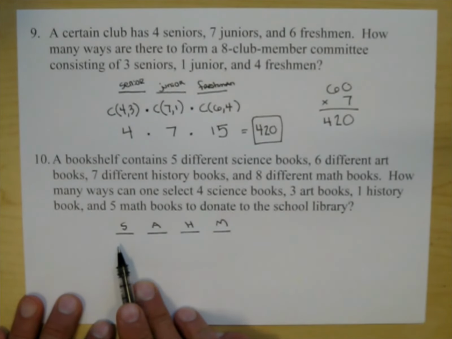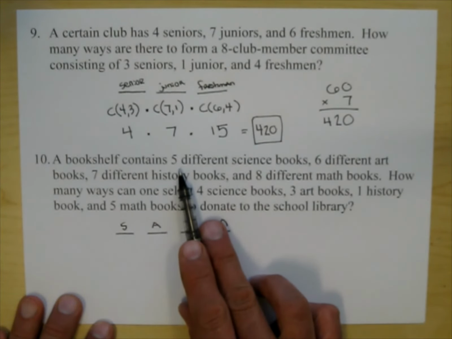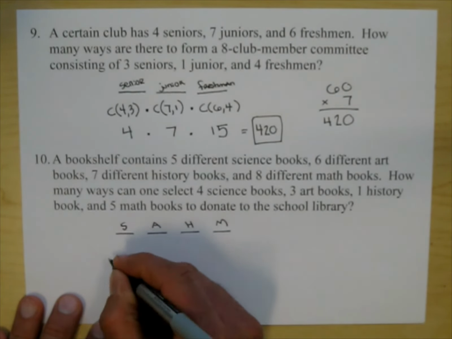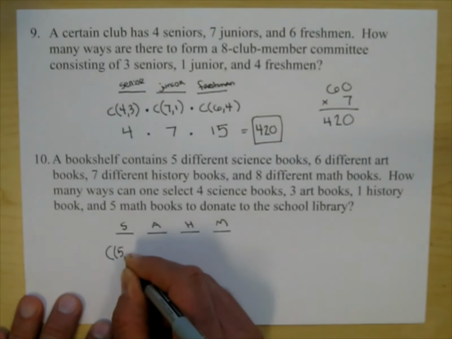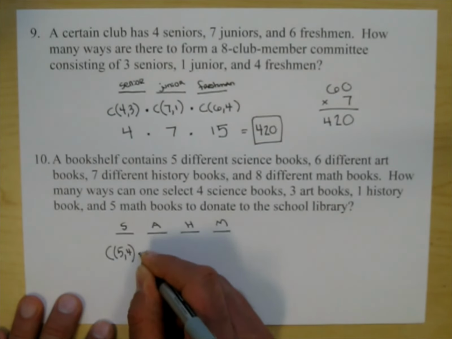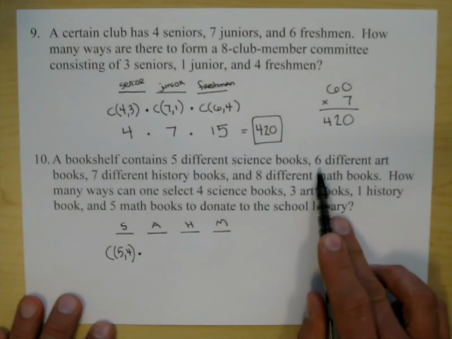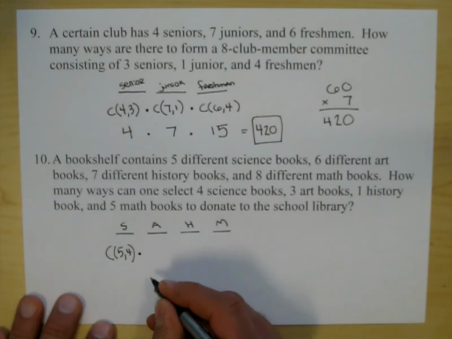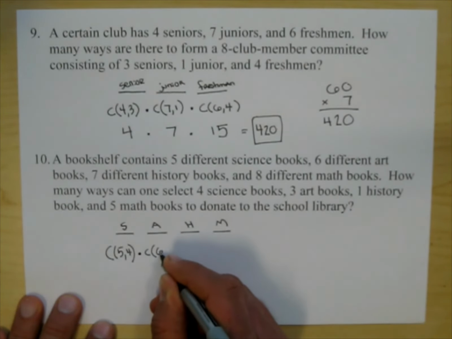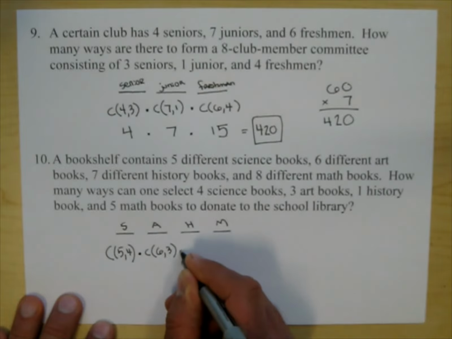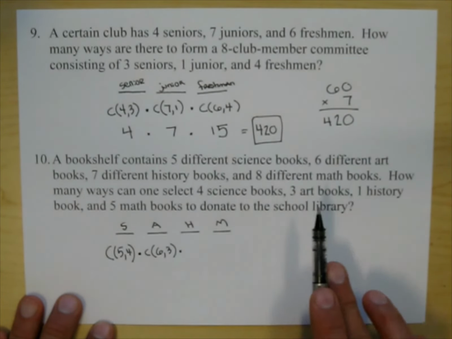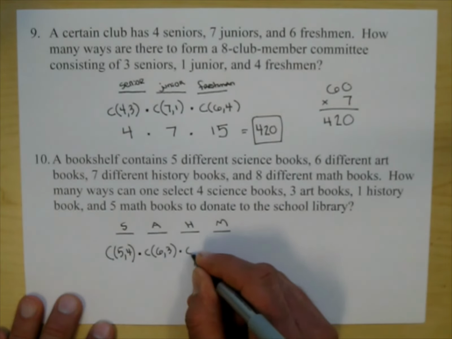Okay, so for science books we have 5 choose 4. Multiplied by 6 art books, choose 3. Multiplied by history books, 7 choose 1.